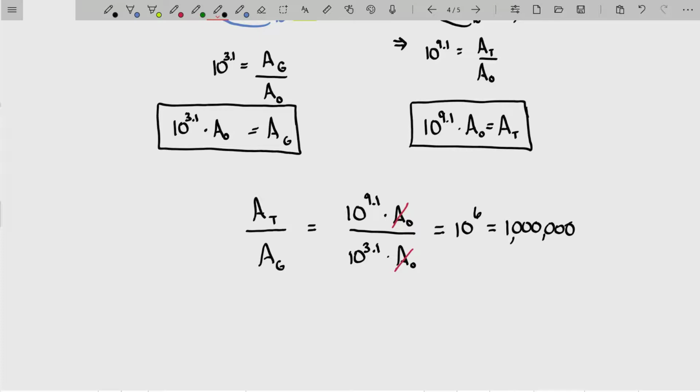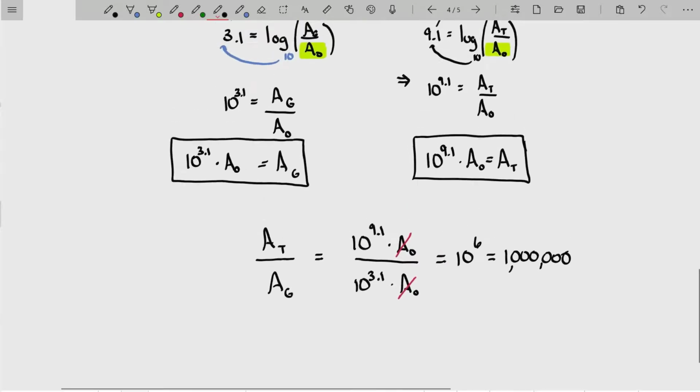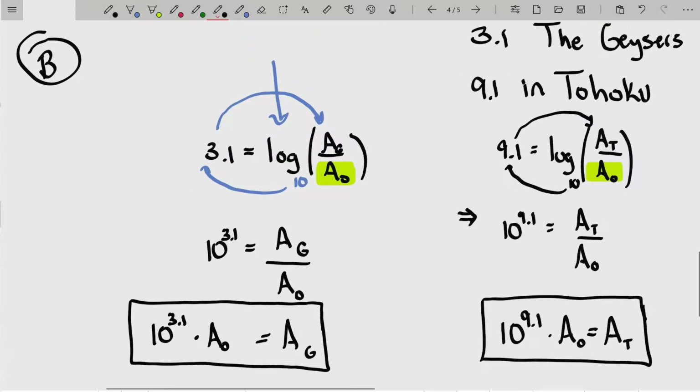Now you can see why the logarithmic scale is very deceiving for our intellects. When somebody says, man, there was a 3.1 quake in the Geysers today, and somebody else says, yeah, well, there was a 9.1 in Japan in 2011, it doesn't really give you how much more powerful that quake in Japan was versus the quake in the Geysers.